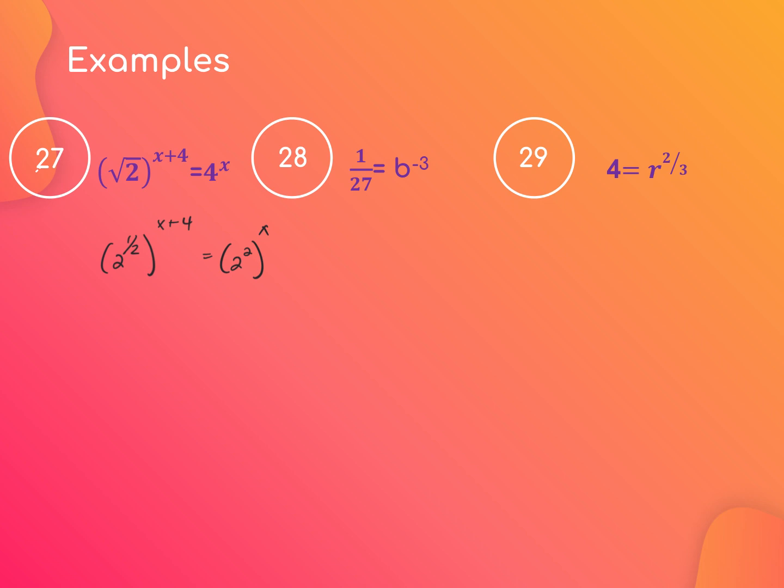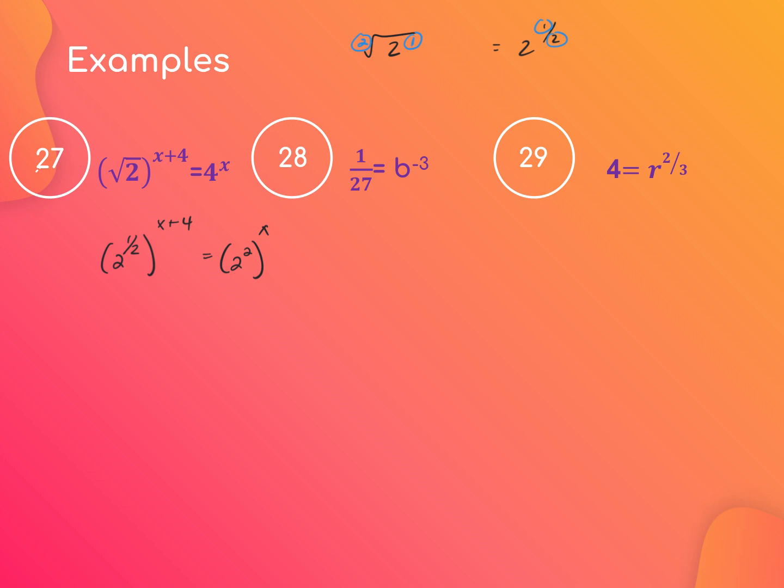Now, just to kind of refresh, how did square root of 2 end up equaling 2 to the 1/2 power? Let me just remind you, right, that this is really 2 to like the first power, right? And the square root has an index of 2. And so we take this power here and it becomes our numerator. And we take the index here and it becomes our denominator.